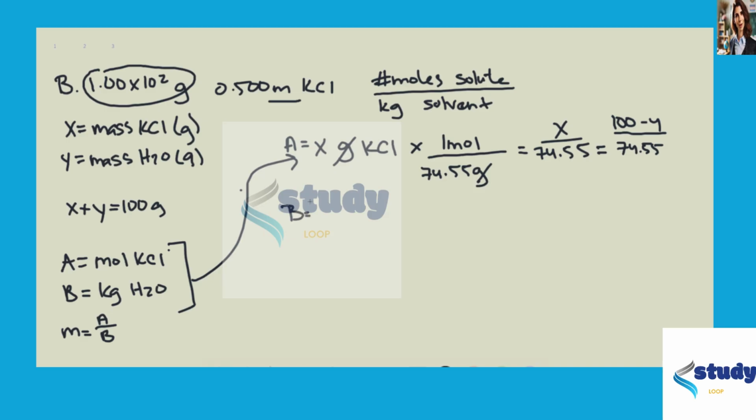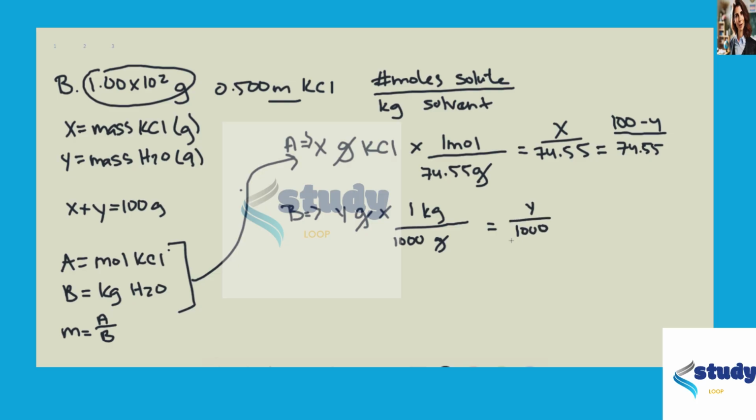Now B, the number of kilograms of water. We know that we have Y grams of water, and we want that in terms of kilograms. So we can set up that conversion by knowing that there are 1,000 grams per kilogram, which gives us Y over 1,000.